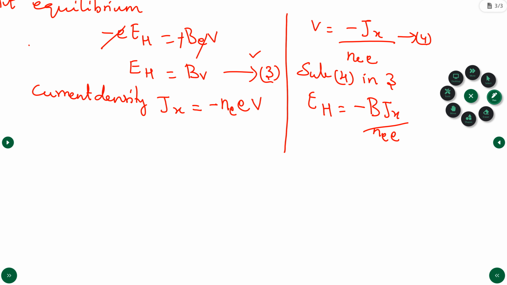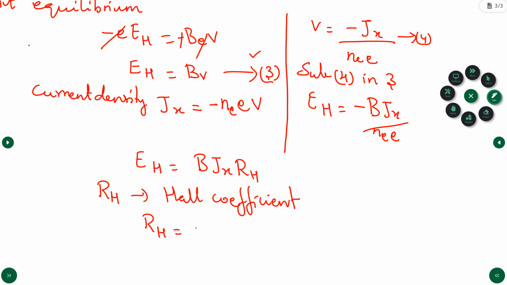So the next step is EH is equal to B Jx into RH. This RH is the Hall coefficient. So RH is equal to minus 1 by Ne. This is the important thing you have to note down.